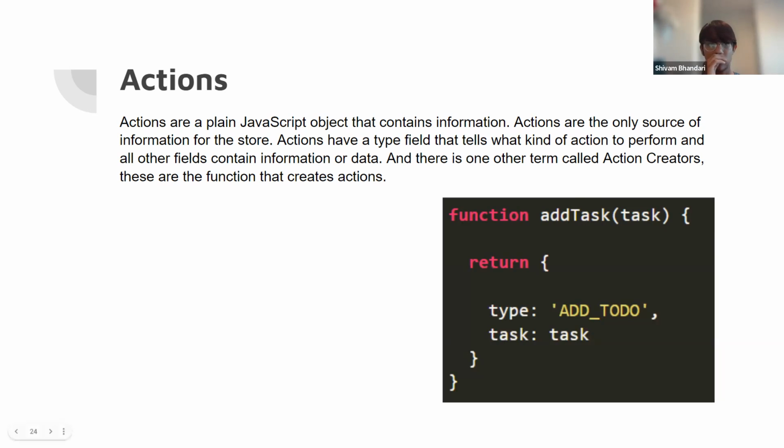Actions have two parts, a type field and the information field. The type field tells us what kind of action is performed, and the other fields will contain the information. So there's an example over here for function add task, through which task is passed, and the type field is add to do. The task is task in this scenario.